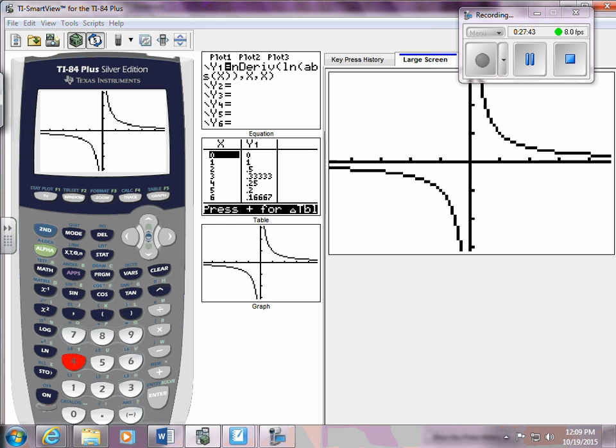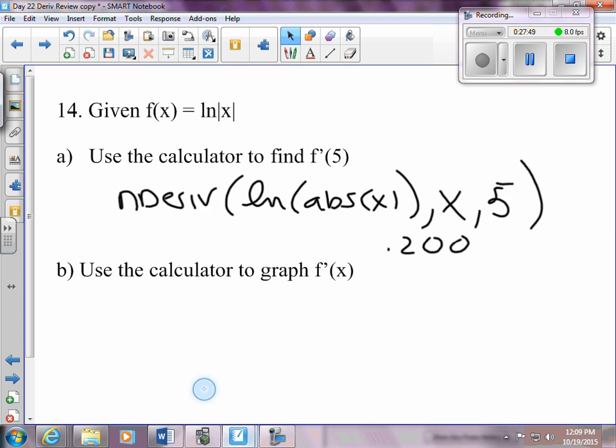Now, the second part of this, let me go back to that. When you want to find the value of the derivative at a particular number, you just use nderiv, the function, comma x, comma the number.